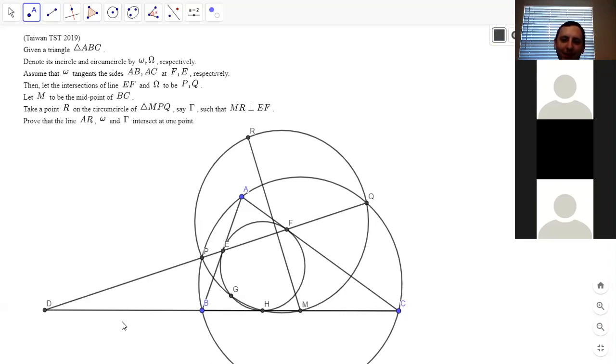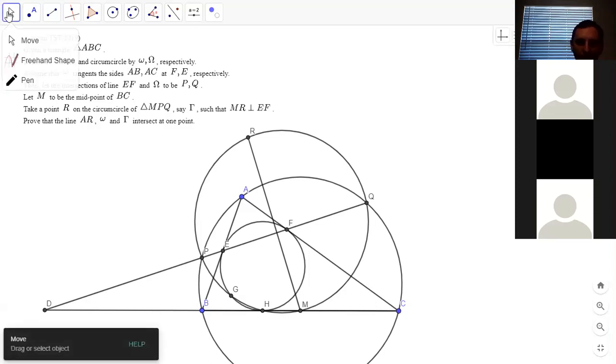So it's just showing A, R, and G are collinear.